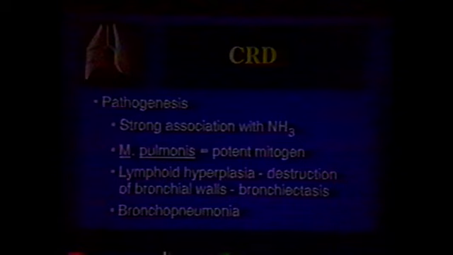And of course, as the airway begins to dilate, we change the surface area volume relationships in that portion of the airway. In so doing, we have tipped the balance of particulates coming in and being removed by the clearance mechanism, and so that predisposes to bronchopneumonia. And that, in a nutshell, is the pathogenesis of chronic respiratory disease.